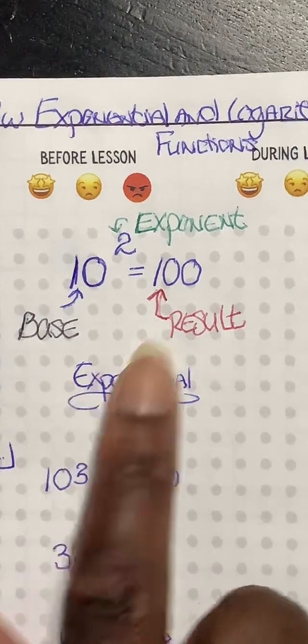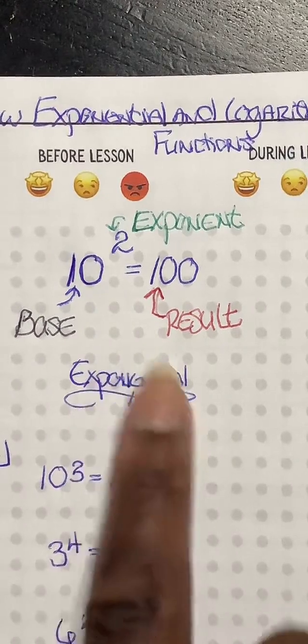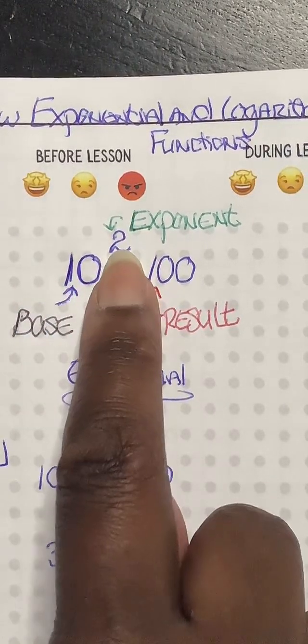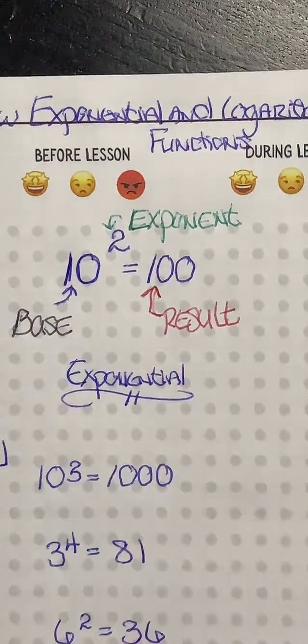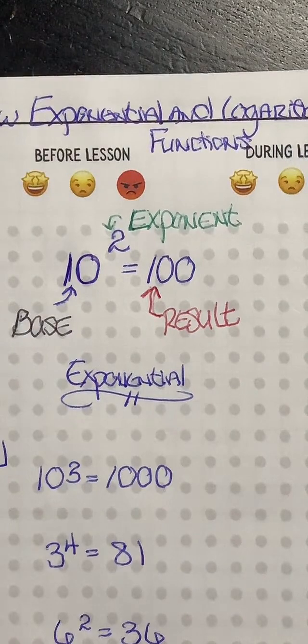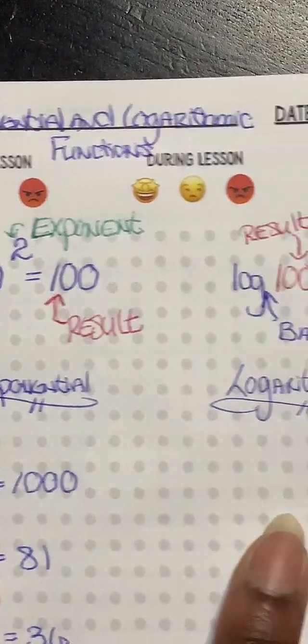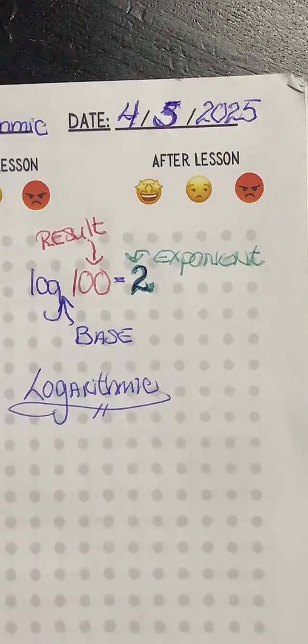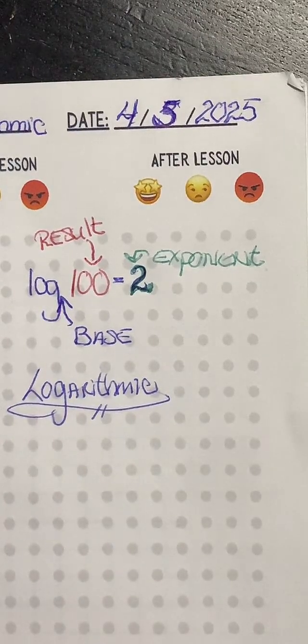All right. So this is your exponential. This whole thing, 10 to the second power, is a power, but this is your base, that's your exponent, and then you have your result. Whereas logs also have three things.